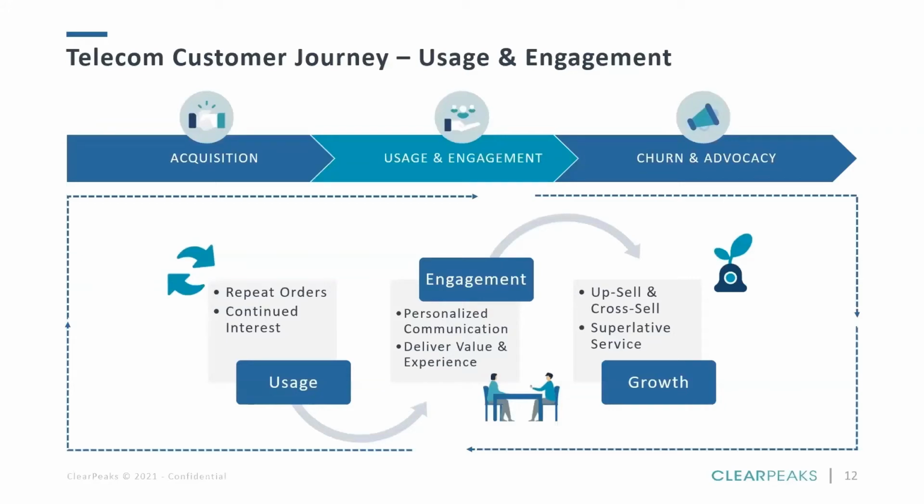It can be through repeat orders, consecutive recharges, month on month, continued interest in terms of new offers, new promotions, and so on and so forth. They are engaged, or they're willing to know more about the information that is being provided. They are continuously looking for better offers and better services, and so on and so forth.